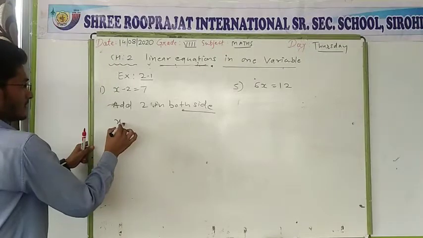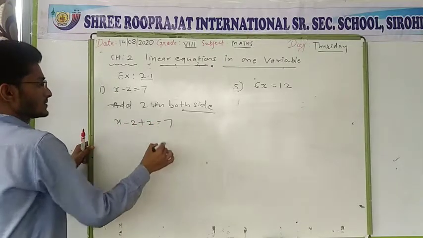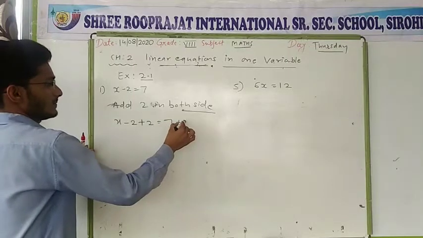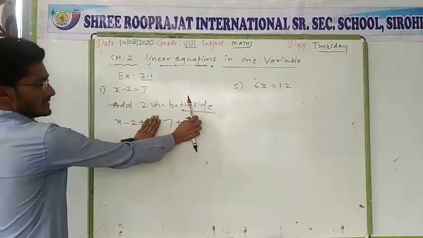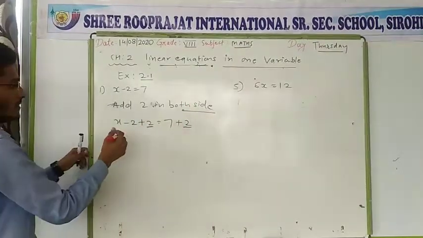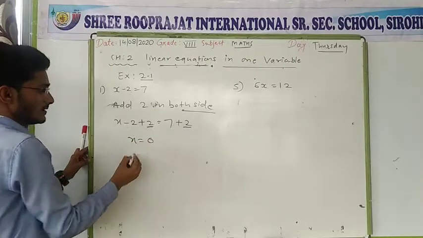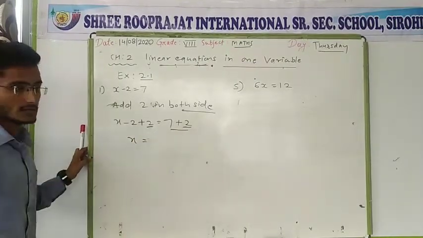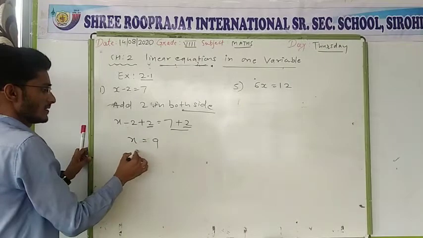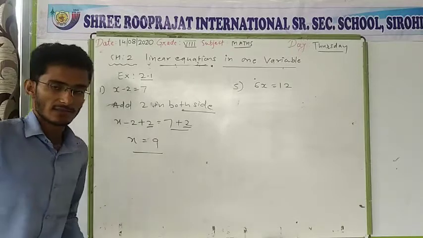So x minus 2 plus 2 equal to 7 plus 2. So on both sides you add, and the remaining part is as it is. So minus 2 and plus 2 you will get 0, and here 7 plus 2 you will get 9. So the value of x is 9.